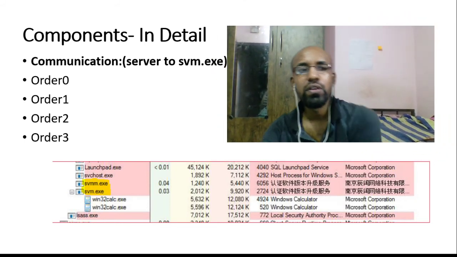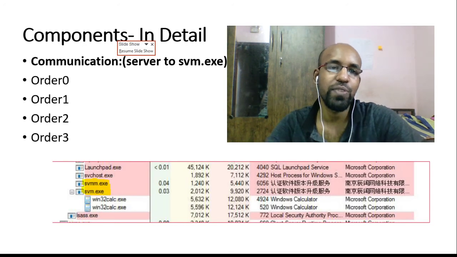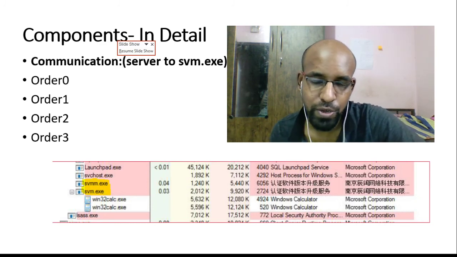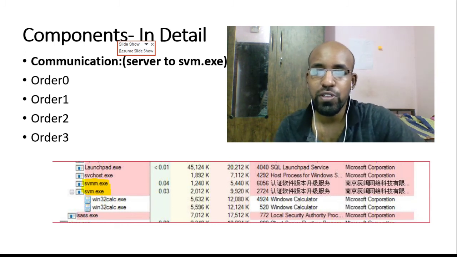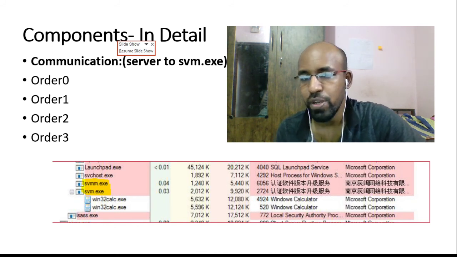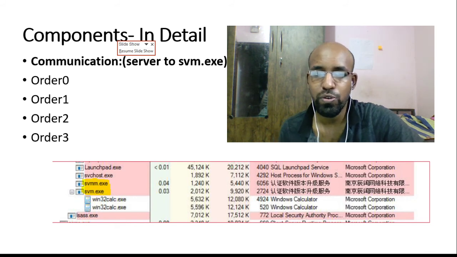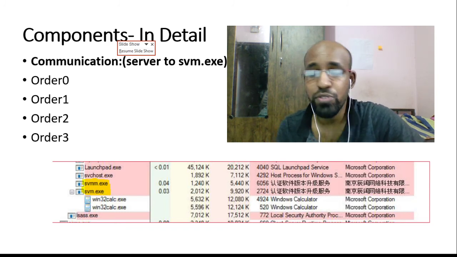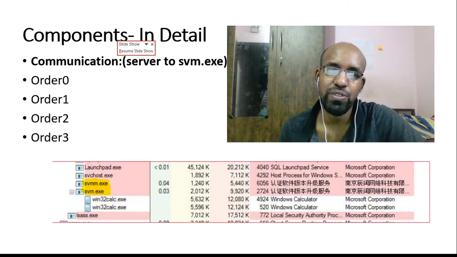Order 1 sends software update information to this particular infected machine, and order 2 sends or asks for the host information or the environment information. Finally, order 3 tells it to execute some commands.